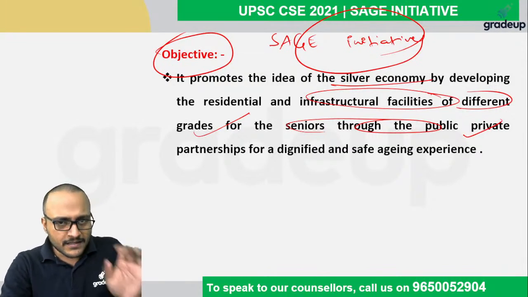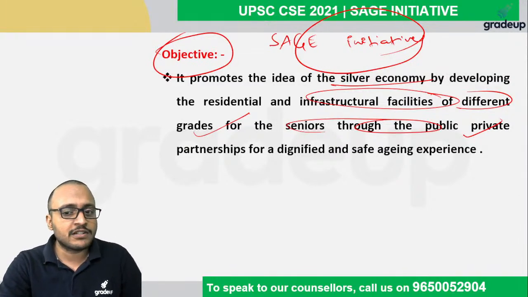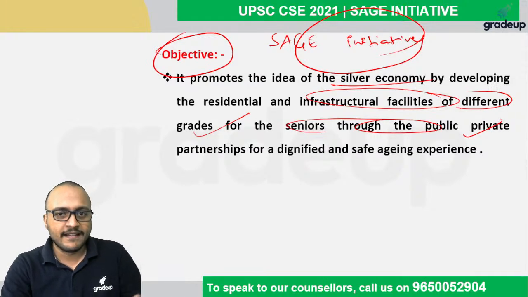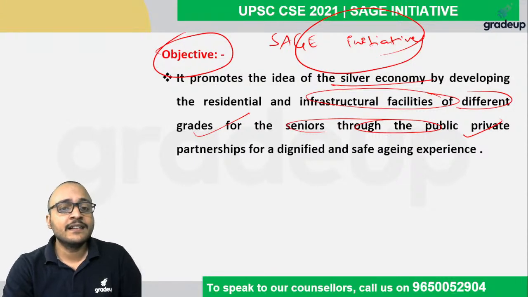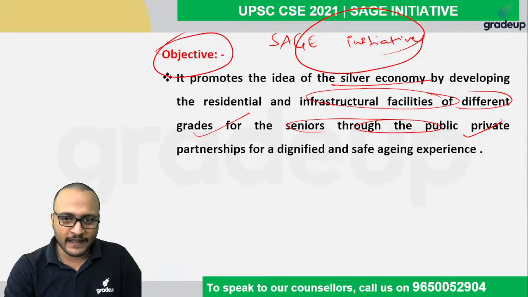Now guys, it sounds very simple, but we need to understand first of all the meaning of silver economy. Silver here indicates the color of the hair, and basically the maturity of the aged people is indicated by the silver.